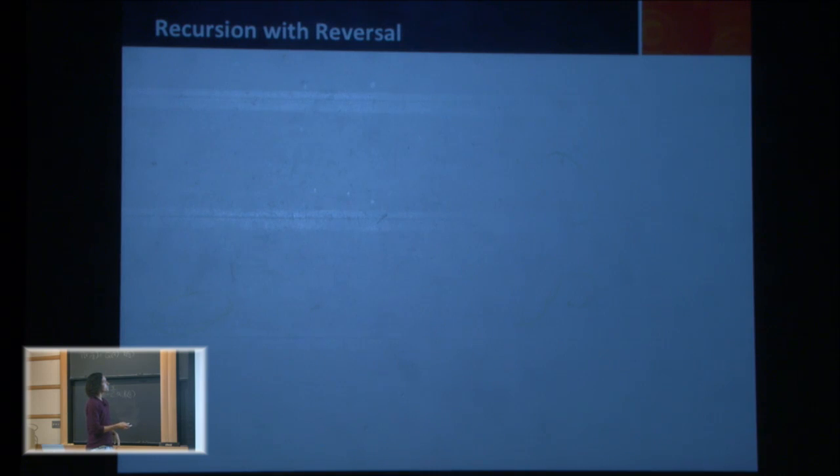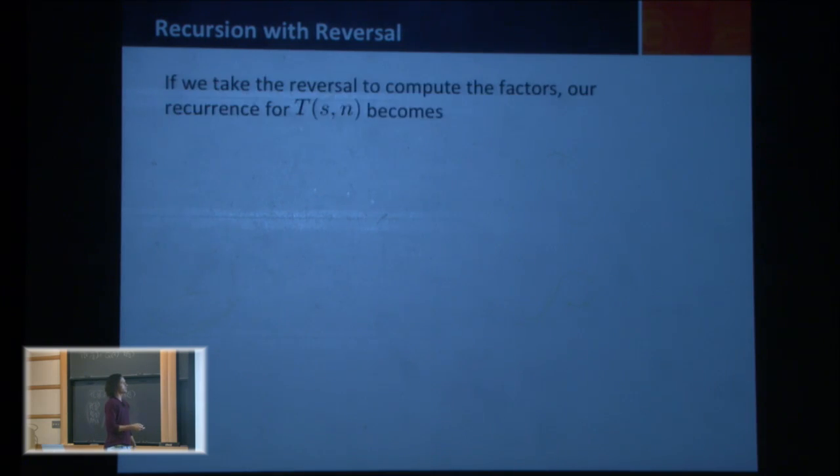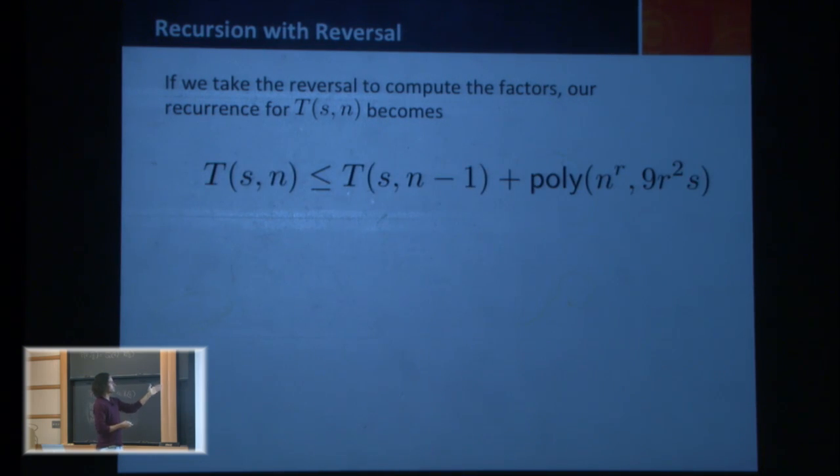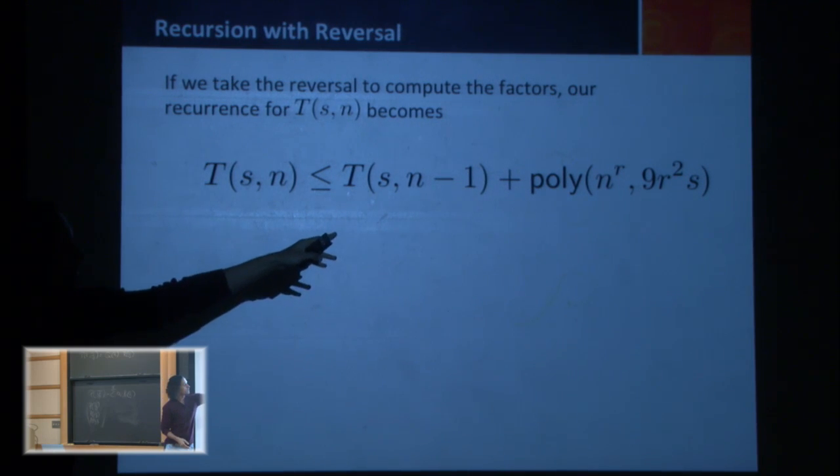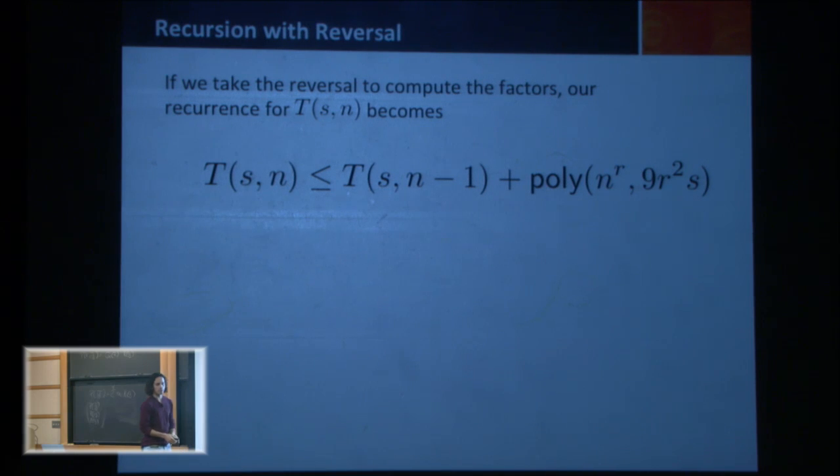So now, how does the recursion with the reversal look? Well, now, if we take the reversal to compute the factors, then our recursion becomes T(s, n) less than or equal to, now look, we avoid the blow-up here in the recursion, and we shift the blow-up a little bit to the poly aspect of it, because the reversed polynomial has a circuit of a little bit larger size, but it doesn't matter because that's the additive part of the recurrence.